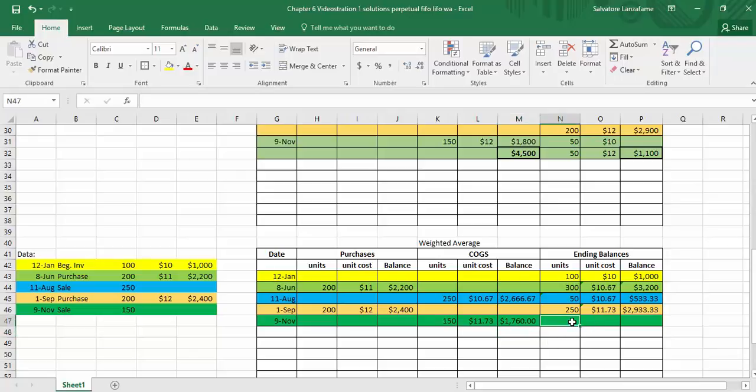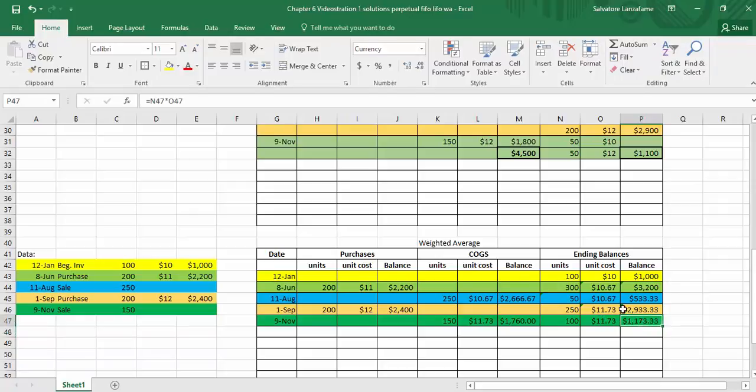So what do we have left in inventory? We should have 100 left, which is what we had left every other time. And that's the case. Bring down that 11.73, and your final inventory balance ends up being 1,173.33.